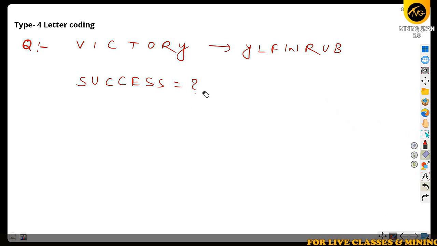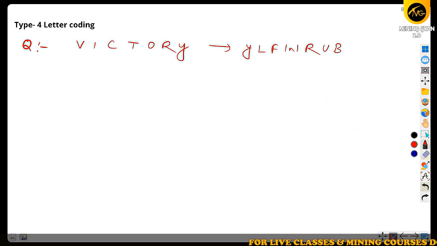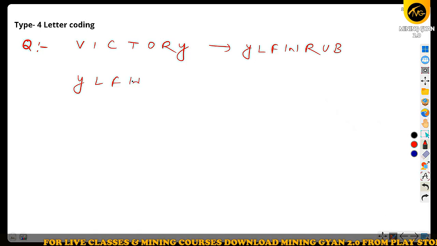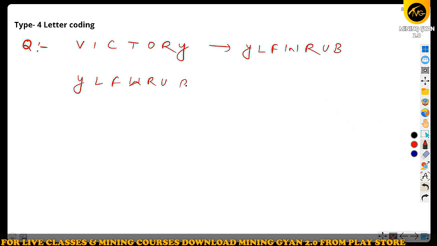First of all, we have to find the basic rule or logic which connects these two words, victory and YLFWRUB. So just write them down like this: VICT and YLFW.